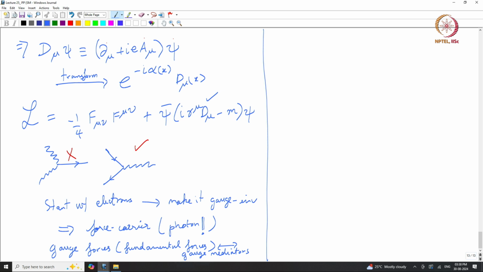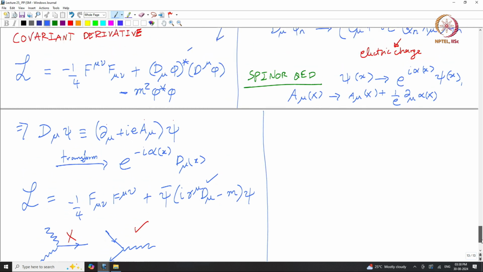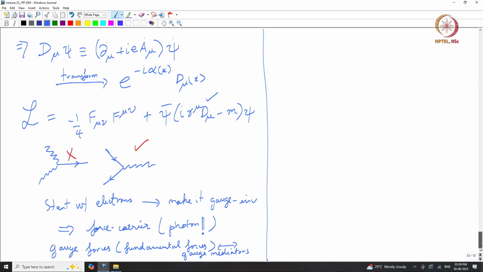And also notice that the mediators have to be massless, because in a Proca Lagrangian you had a mass term for this, and remember this was not gauge invariant, not GI, right.